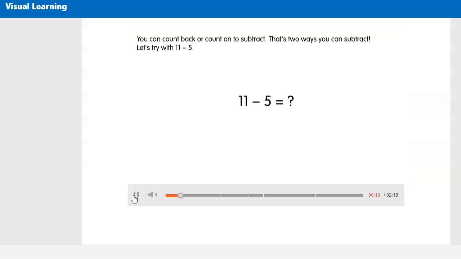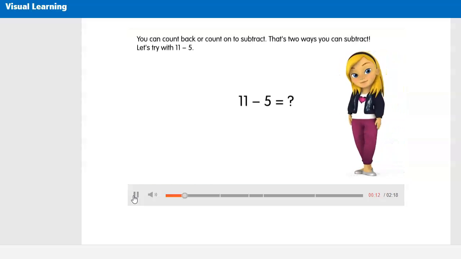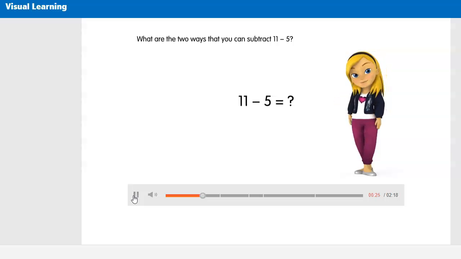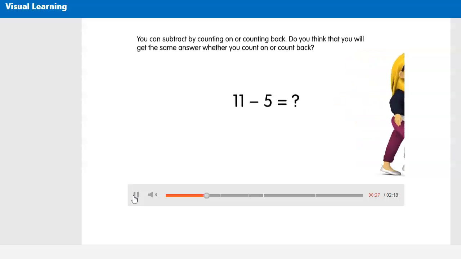You can count back or count on to subtract. That's 2 ways you can subtract. Let's try with 11 minus 5. What are the 2 ways that you can subtract 11 minus 5? You can subtract by counting on or counting back. Do you think that you will get the same answer whether you count on or count back?